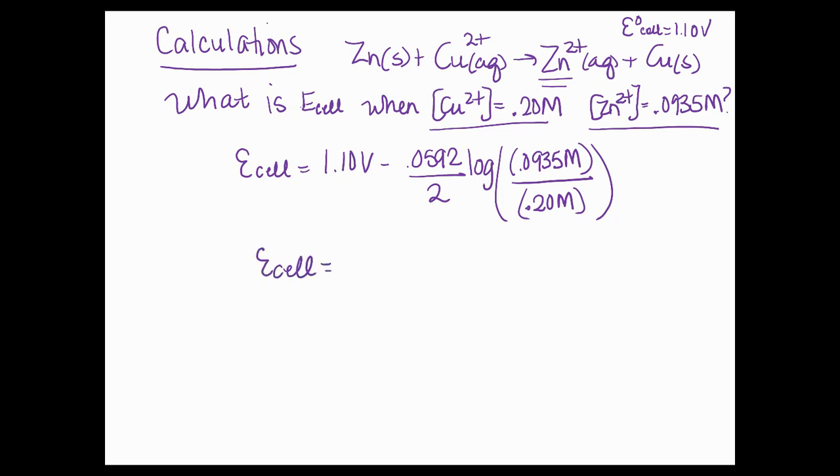Now, let's see where we're at. Q, you can correct me if I'm wrong, doesn't have that many sig figs, but I got 0.46. So Q is less than 1. If we think back to our chart that you need to know, E of cell should be greater than E naught.